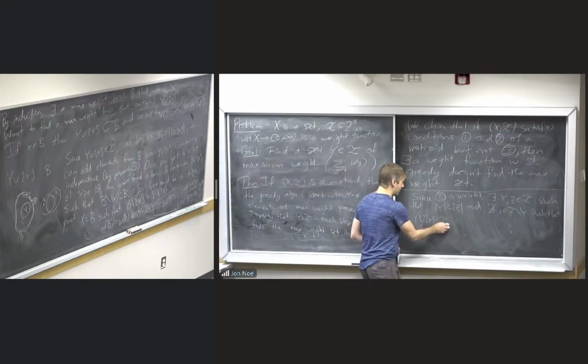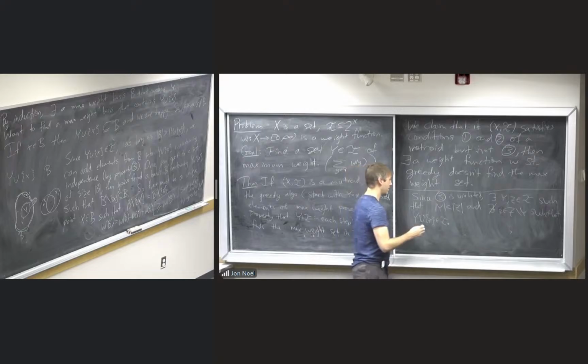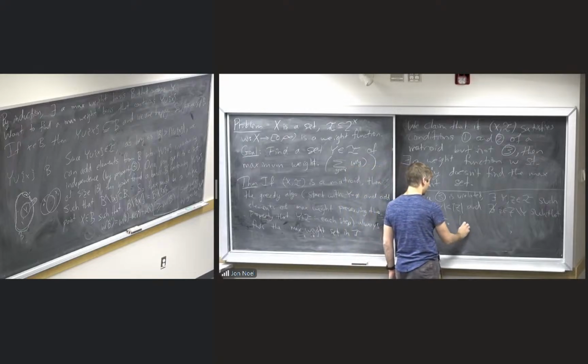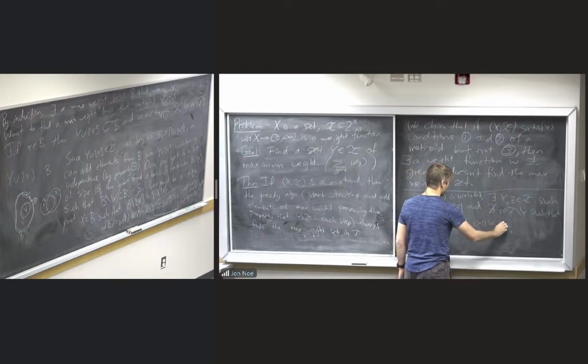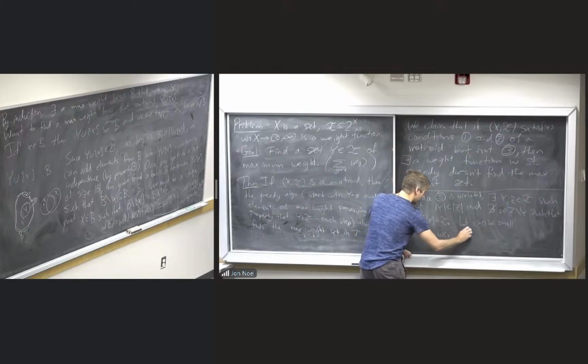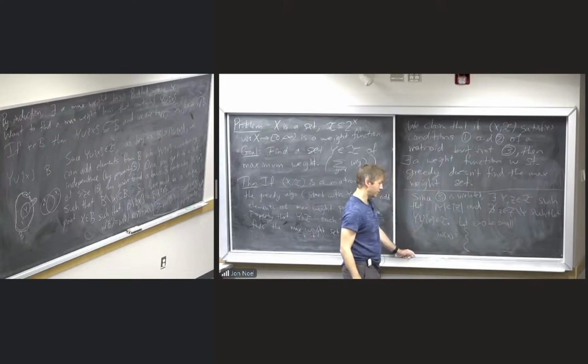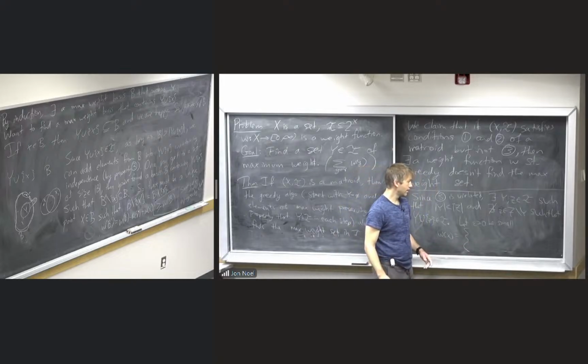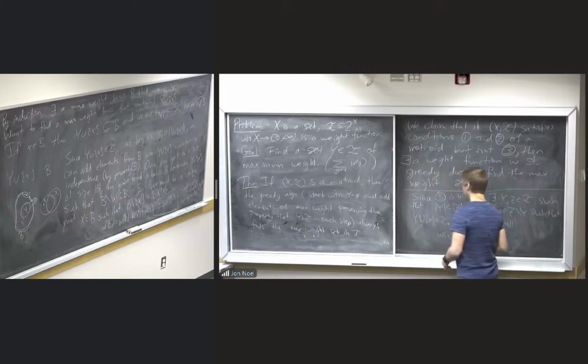So let me give you the bad weight function. Let's let epsilon be small. And let's define the weight of an element x to be equal to... maybe some intuition here.